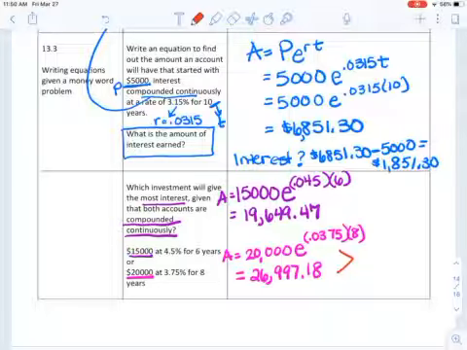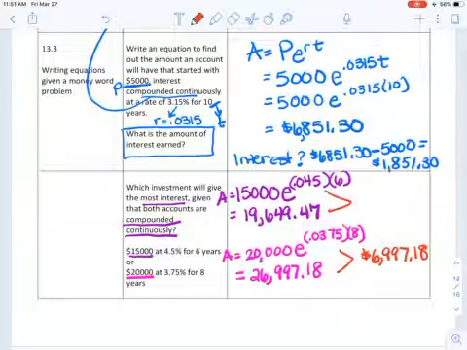And so when I take the end money minus the initial, interest is $6,997.18.